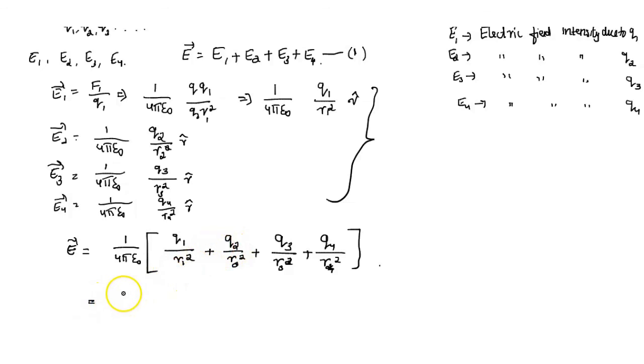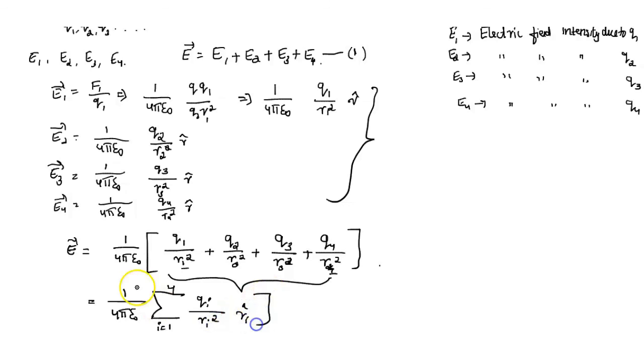Using the summation notation, we can write this as the summation of i equal to 1 to 4 of Qi divided by Ri square Ri cap. So this is the equation to calculate the total electric field intensity when we have a system of charges.